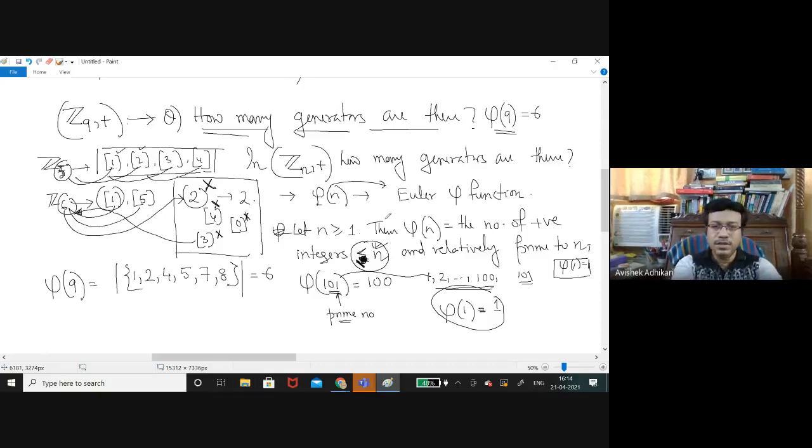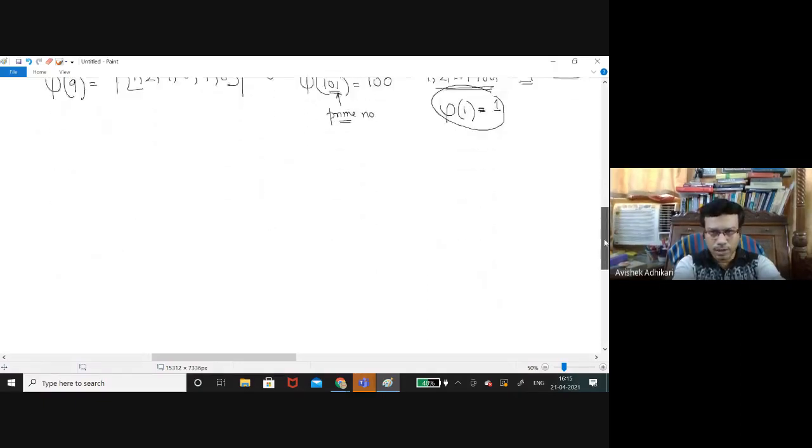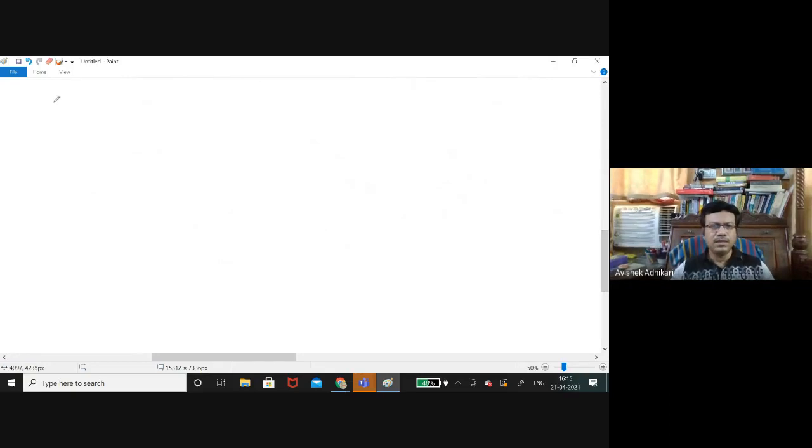So what you understand now is that the number of generators of a cyclic group is quite important. Till now, Z_n is a cyclic group, a finite cyclic group.